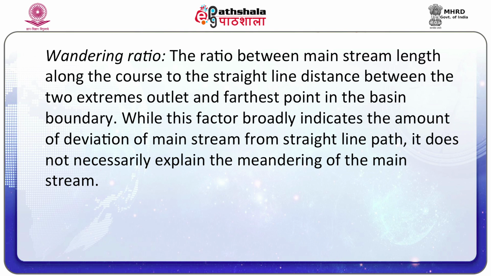The ratio between main stream length along the course and the straight line distance between the outlet and the farthest point on the basin boundary. While this factor broadly indicates the amount of deviation of the main stream from a straight line path, it does not necessarily explain the meandering of the main stream.